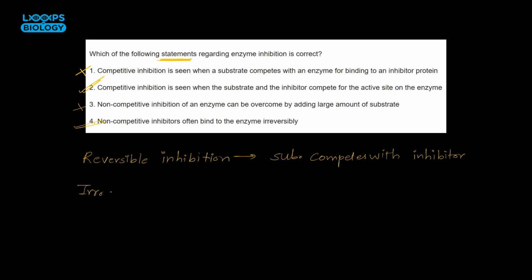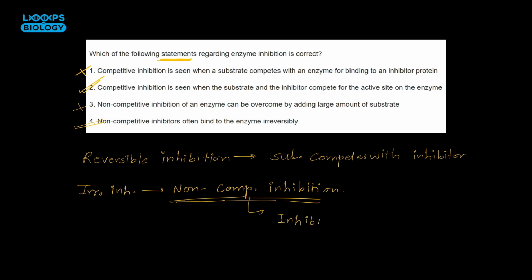But in the case of irreversible inhibition, there is going to be non-competitive inhibition. So this is one of the important cases where the inhibitor does not bind in the active site of an enzyme.